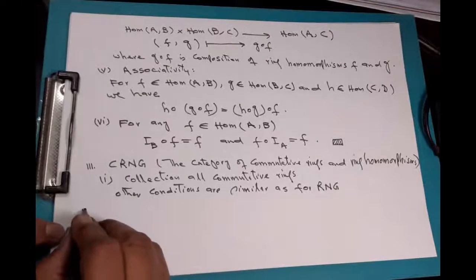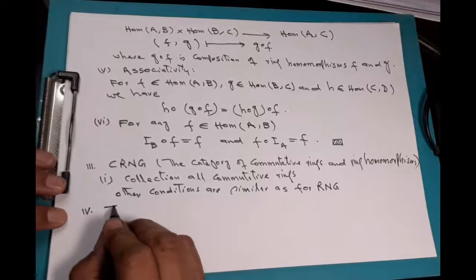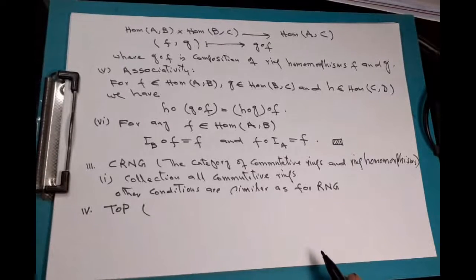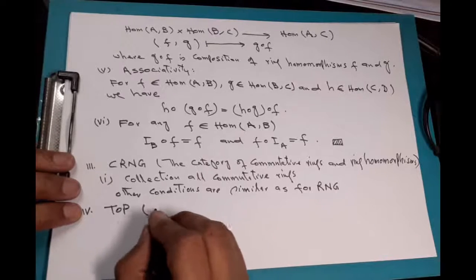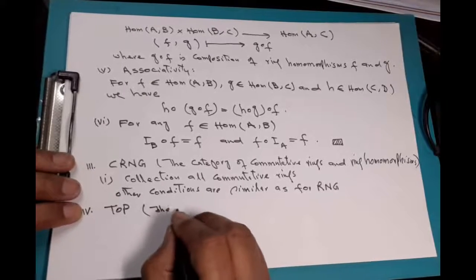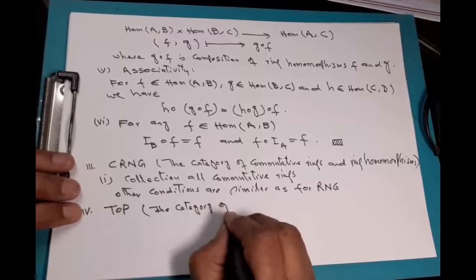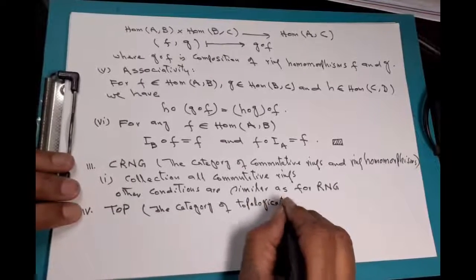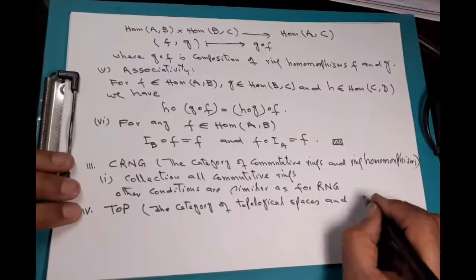Let's come to another example, and that is Top. This is the category of topological spaces and continuous functions, or continuous maps.